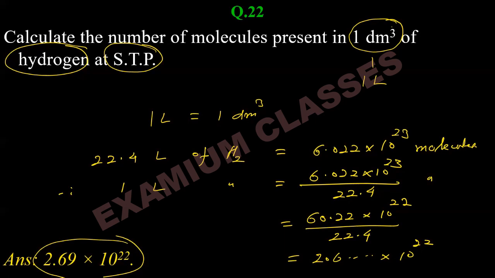And the trick that you need to follow: whichever question you were not able to do in the assignment, just note down those questions. I'll tell you towards the end of the class today what 4 notebooks you need to maintain. Out of those 4, one is for your doubts. You will maintain all your doubts in one notebook, and certainly you will get maximum marks in chemistry if you can do that.